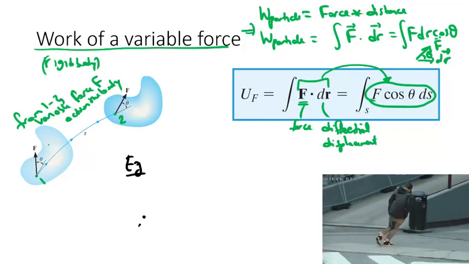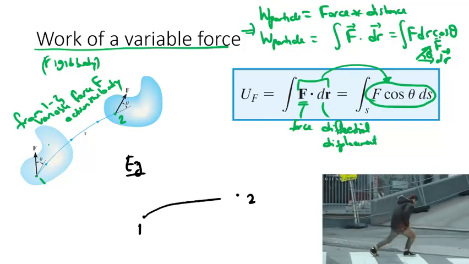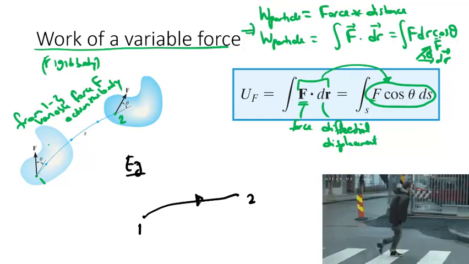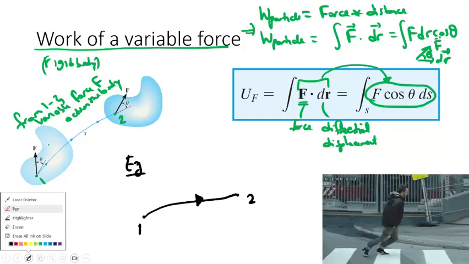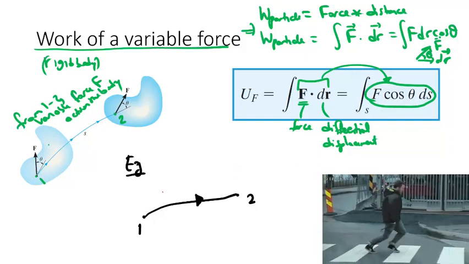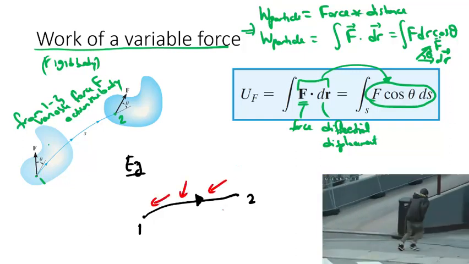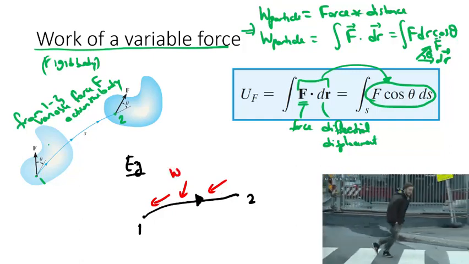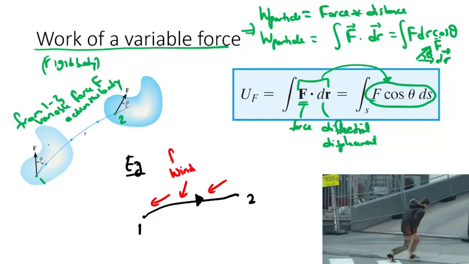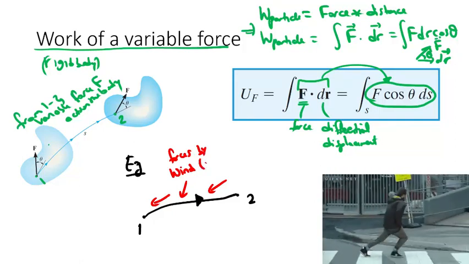Say that this is point 1 and this is point 2, and you are moving from point 1 to point 2. And there is a wind like this, and wind velocity like this. So these are wind forces by the wind, and this is a variable force.